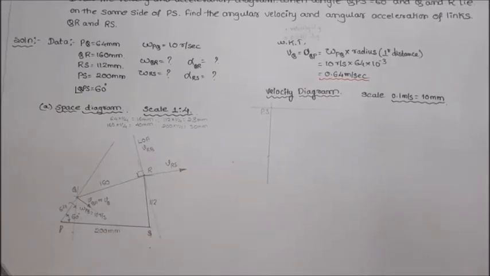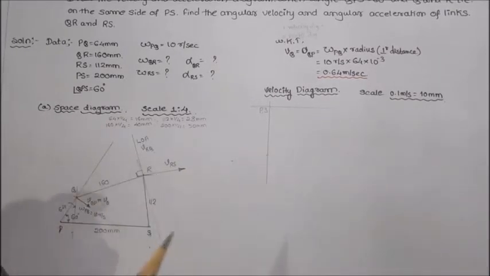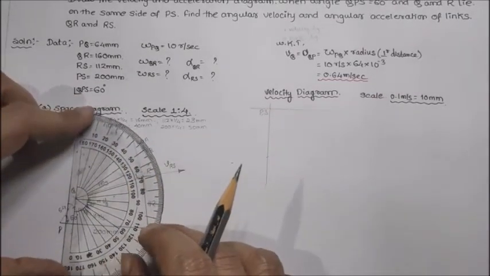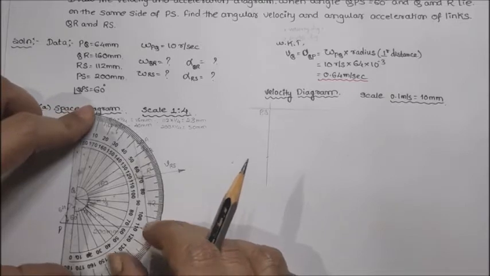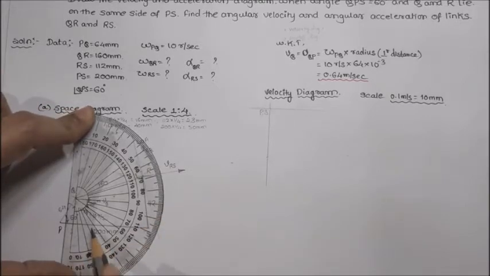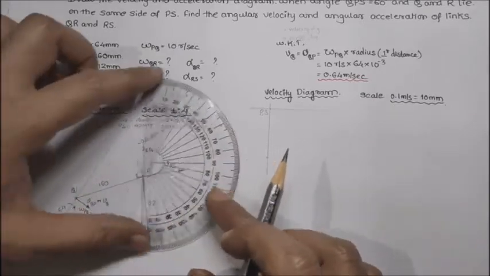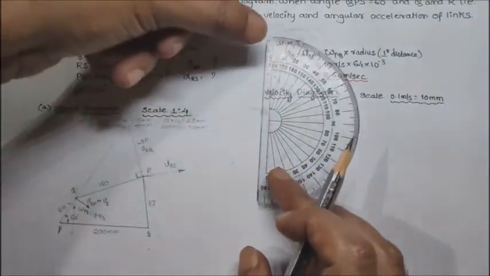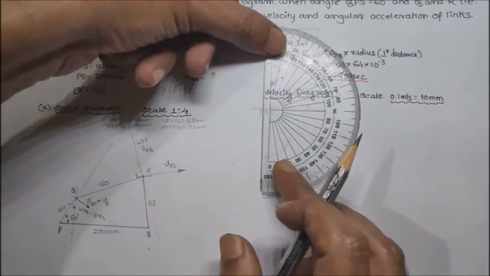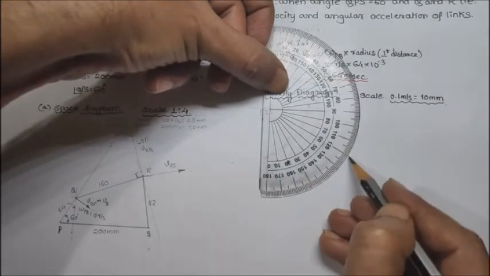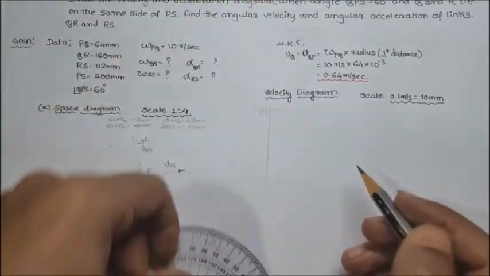Next we will measure, keeping our protractor at point Q, the line measurement here, it will be 60 degrees for this one. So the same angle we are going to transfer here, and we'll measure 60 degrees here.